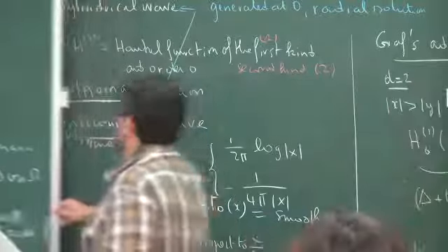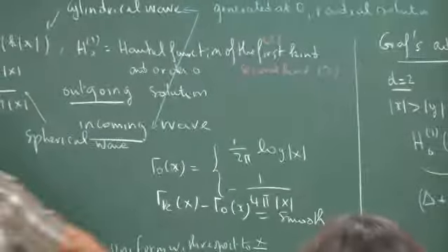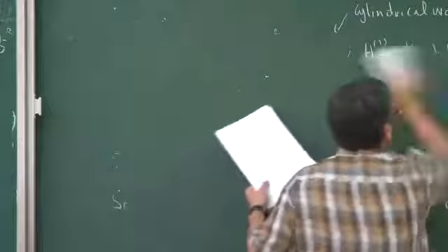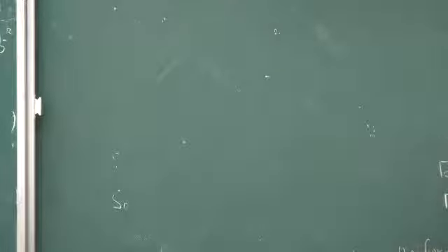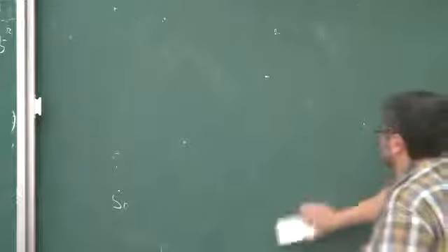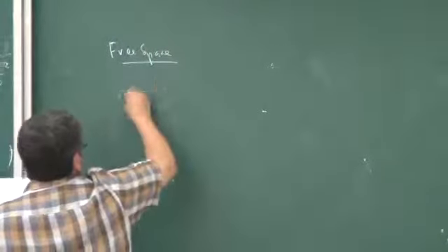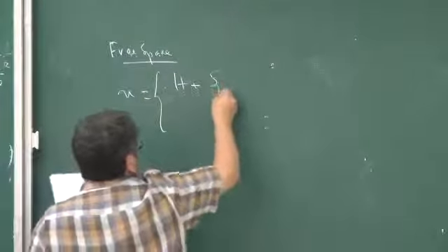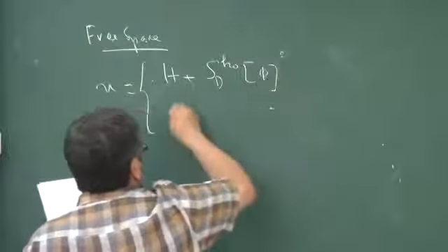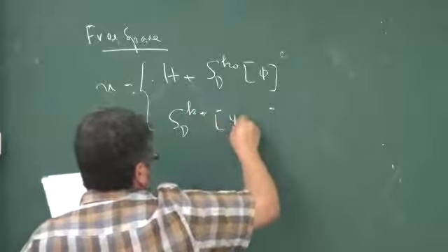So what was this? For free space, we wrote that U is equal to H plus S_D^{k0} of some density and S_D^{k} star of some density.